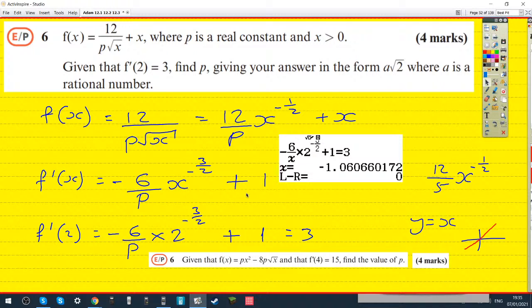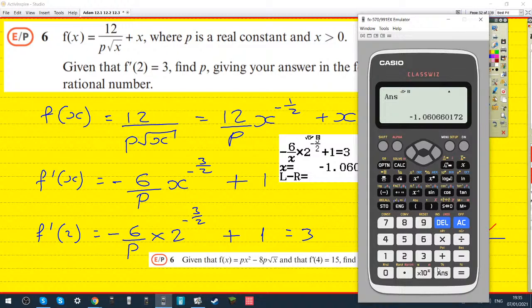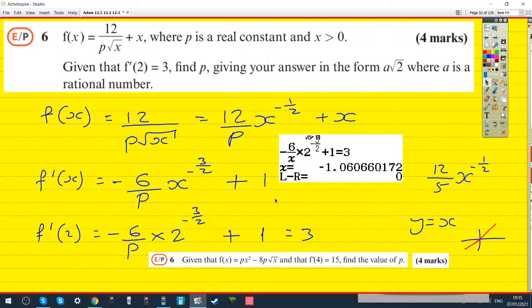Let's solve it. So 2 to the minus 3 over 2 is 0.35355333906. Well, that's the problem. I can't answer. It doesn't give you it as a fraction or anything. Okay, so we have to do it ourselves.